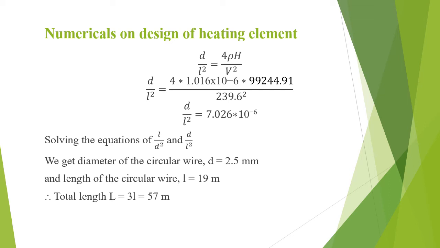Now, solving the two equations, we get the diameter of the circular wire D as 2.5 millimeter and the length of the circular wire l as 19 meter. Since a three-phase supply is being used, the total length capital L is 3 times small l, that is 3 times 19, which is 57 meter.